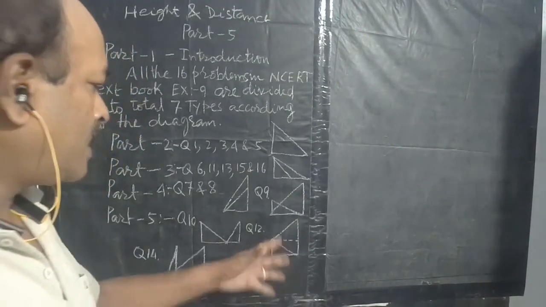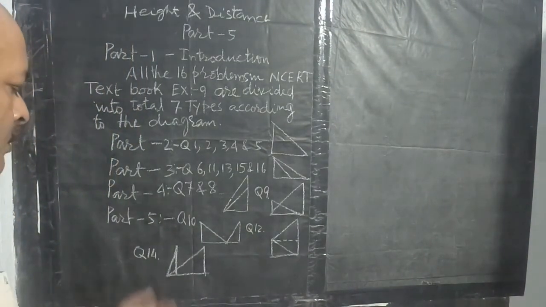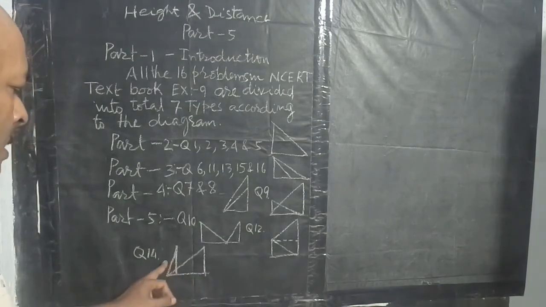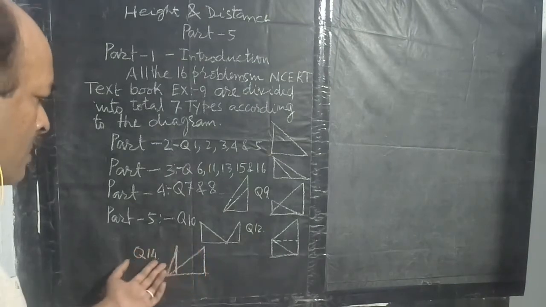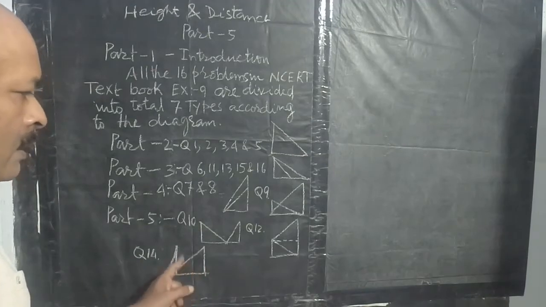These are special types. Question number 14 is type 7. Here the horizontal line is different but the vertical line is the same. Here a balloon or an aeroplane is flying. This kind of figure comes in such questions.